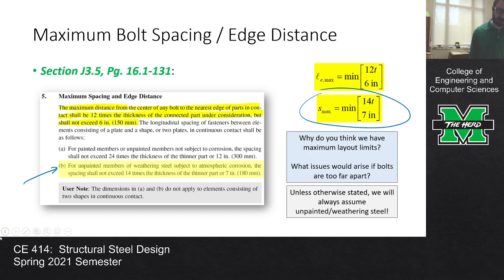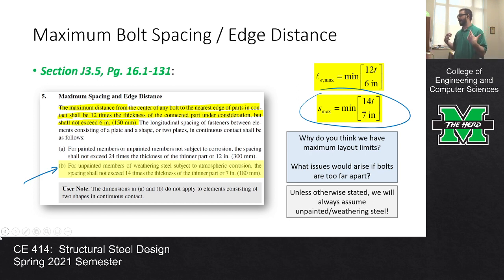That's a good question. There are other provisions for galvanized members later on that can affect other surface conditions, but not here.